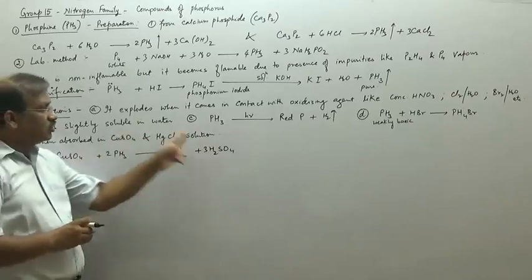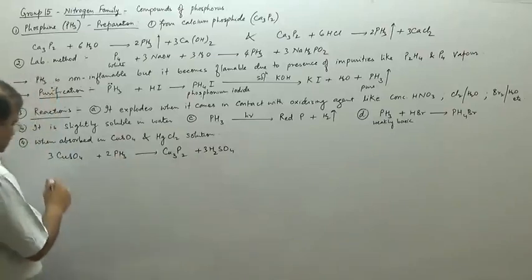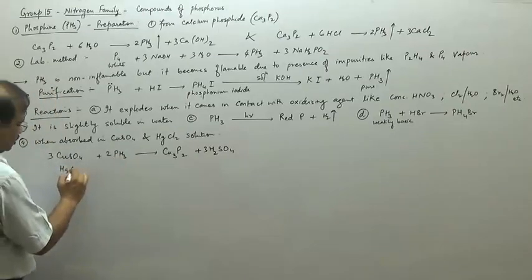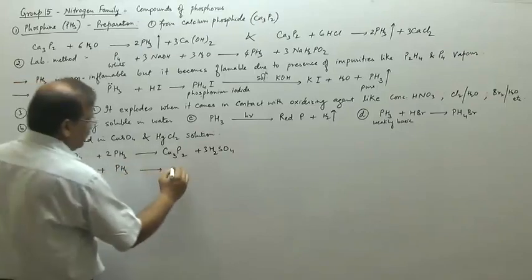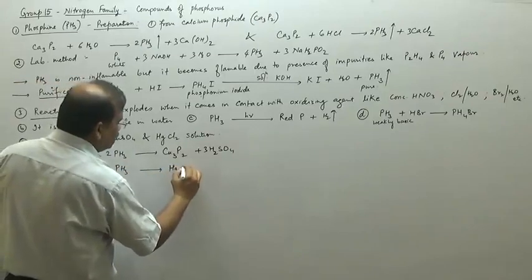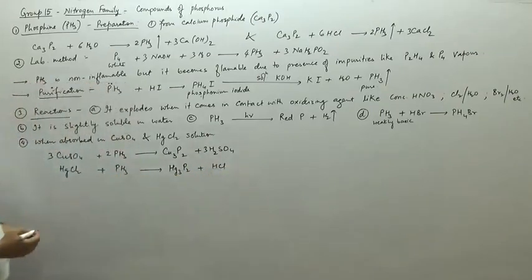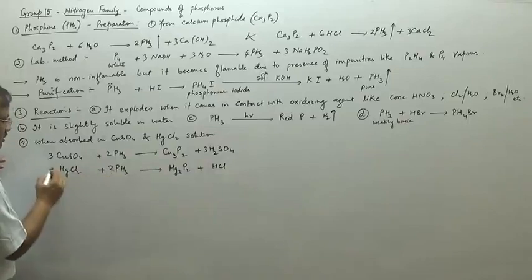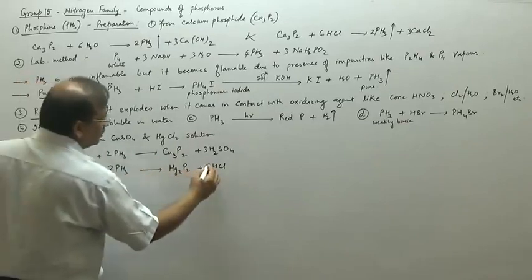Even HgCl2 solution also forms the mercuric phosphide. So let us write that HgCl2 when treated with phosphine PH3 forms mercuric phosphide plus HCl. We write this thrice, and we get 6 HCl.